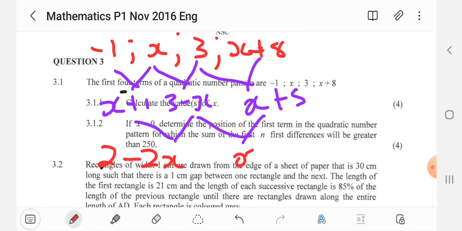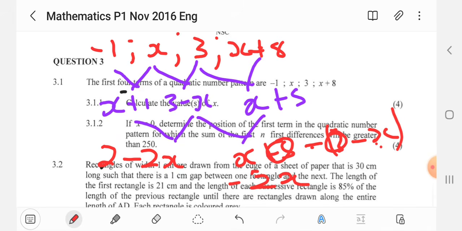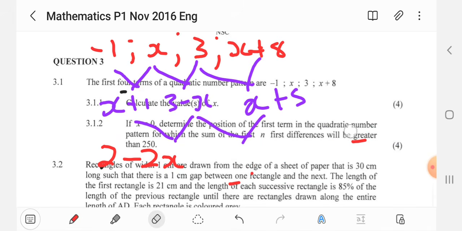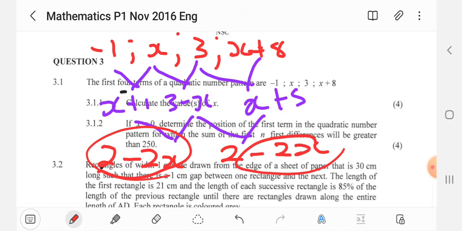And then we'll have x plus 5 minus 3 minus x. So we'll have x minus negative x, that will be 2x, and then 5 minus 3, that will be 2. So you find out that you see 2 minus 2x. So the second constant difference is there.